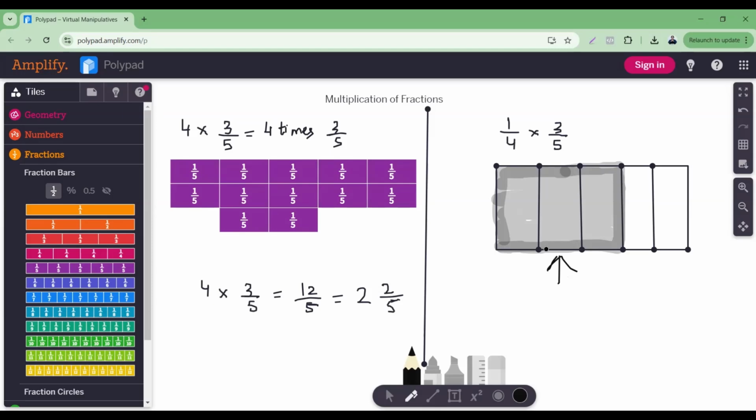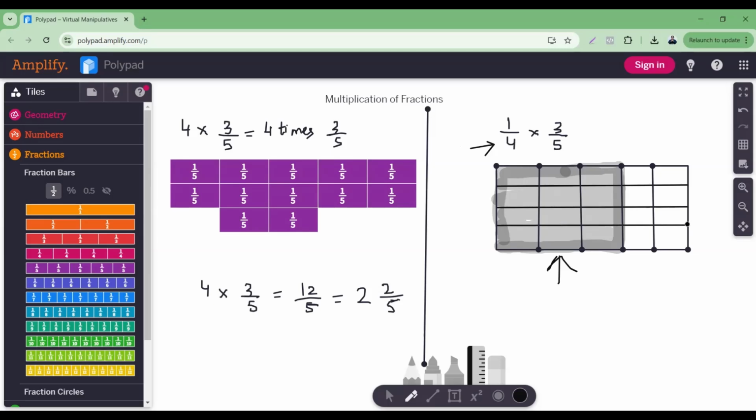Okay, so because we already made vertical pieces, now let's make horizontal pieces. How many horizontal pieces do we have to make? In one whole, I have to make four pieces. So I'm going to make four horizontal pieces. Here again, the rectangle only is the whole, right?